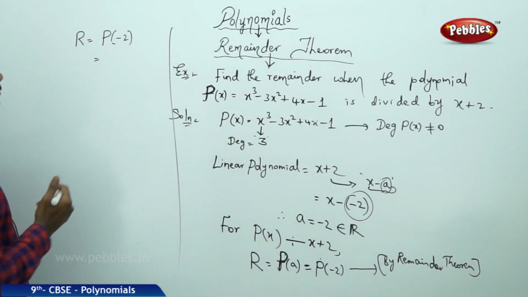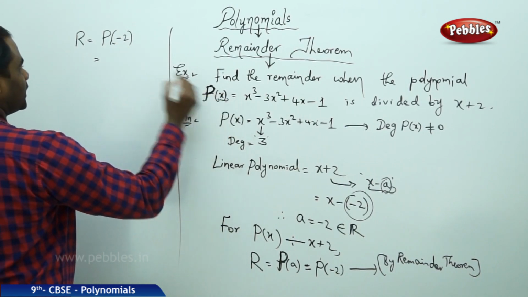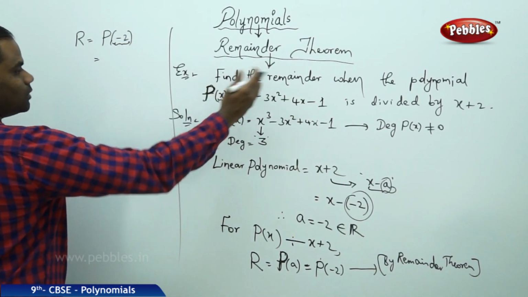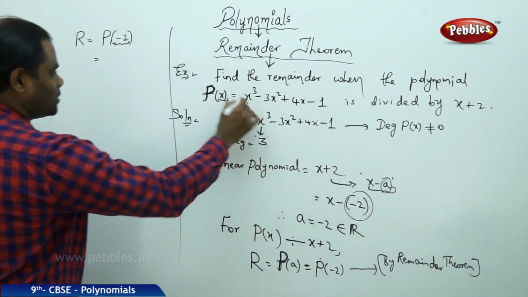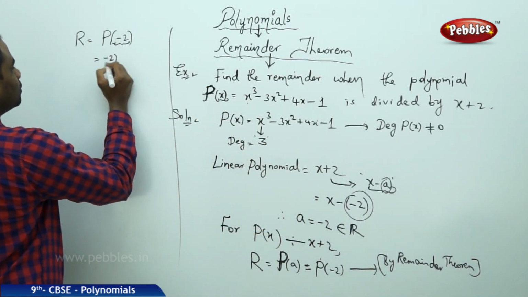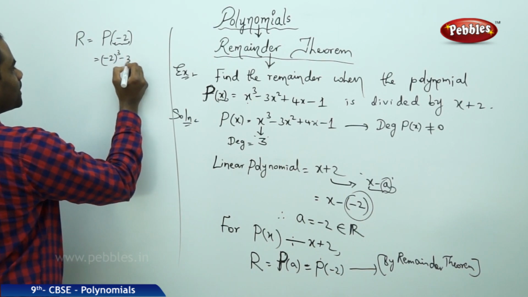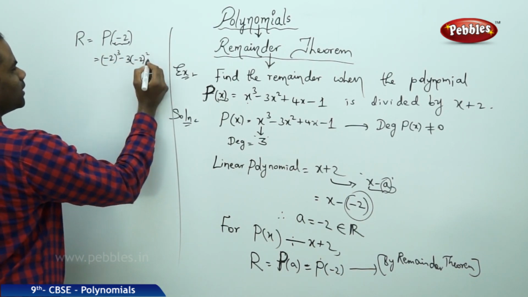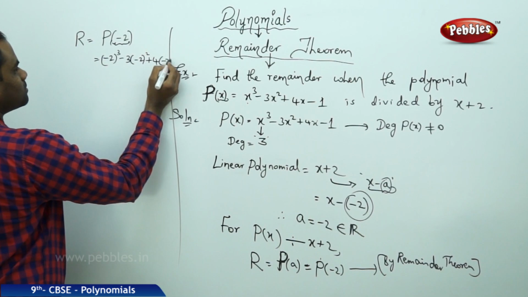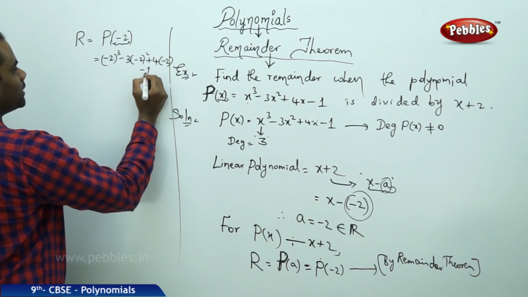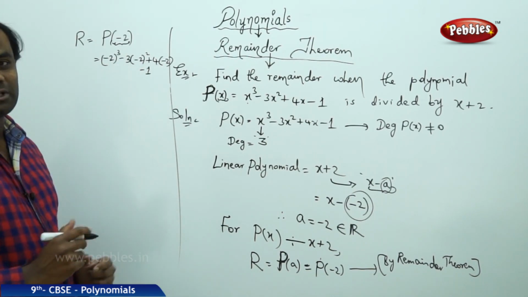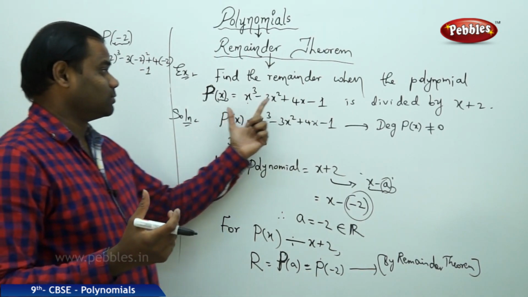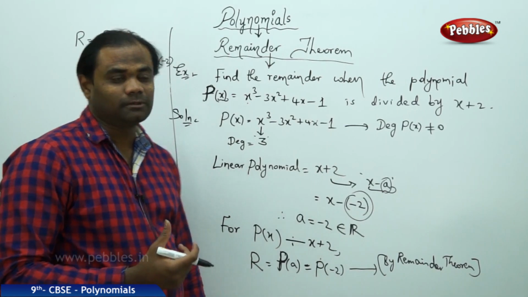So x gets replaced with minus 2 on the right side. So I have minus 2 whole cube minus 3 of minus 2 whole square plus 4 times minus 2 and minus 1, which is what we get when we expand by substitution of x equal to minus 2 on the right side of the given polynomial.